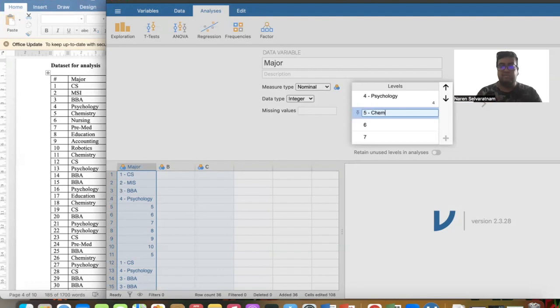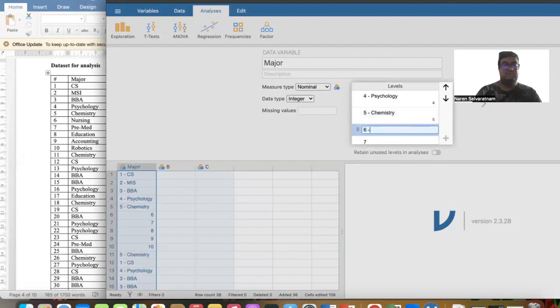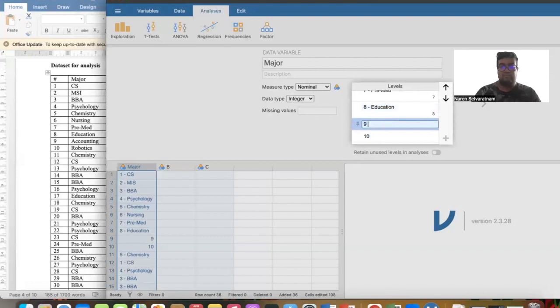So fifth one is chemistry, and then 6 is nursing, 7 is pre-med, 8 is education, 9 is accounting, and 10, okay, the final one, robotics.